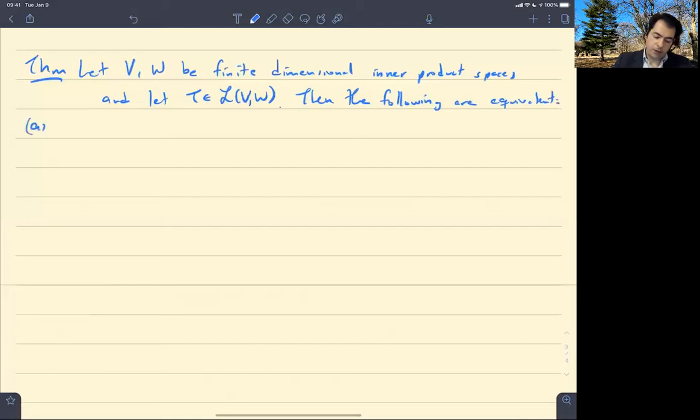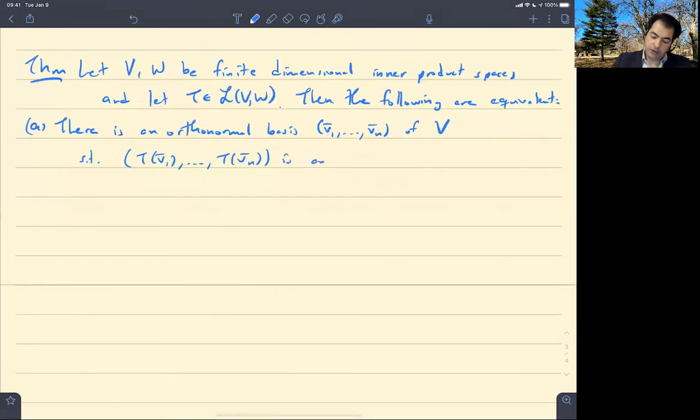Okay, first statement: there is an orthonormal basis V1 through Vn of V such that its image under T, so T of V1 through T of Vn, is an orthonormal basis of W.